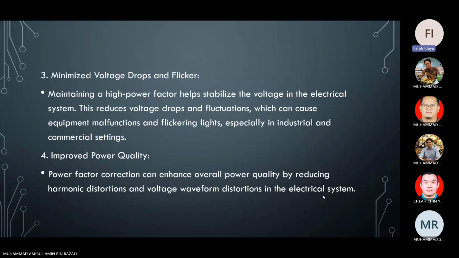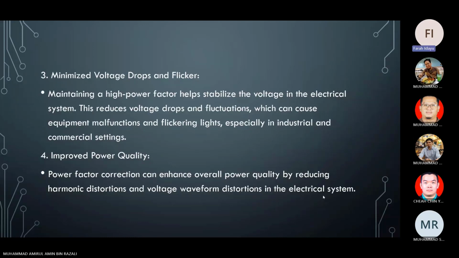The third one is minimize voltage drop and flicker. Maintaining a high power factor helps stabilize the voltage in the electrical system. This reduces voltage drop and fluctuation, which can cause equipment malfunction and flickering lights, especially in industrial and commercial settings.